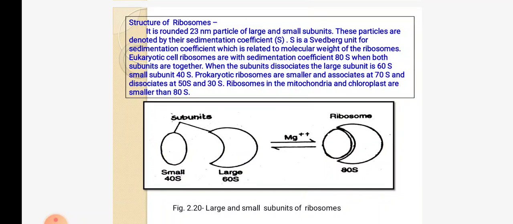Prokaryotic ribosomes are smaller and associate at 70S and dissociate into 50S and 30S. Ribosomes in the mitochondria and chloroplast are smaller than 80S. The large and small subunits, 60S and 40S, when associated, form the 80S ribosome.